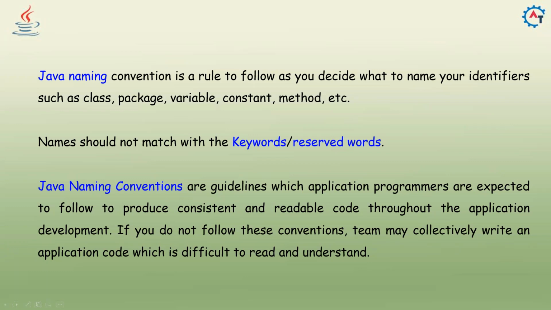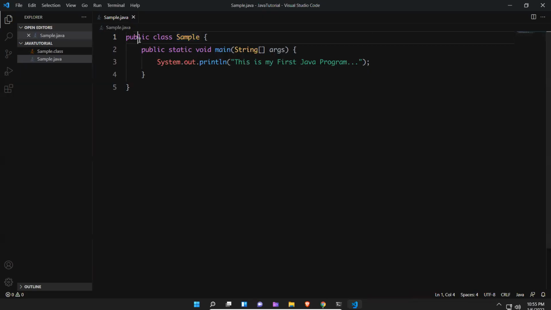If you go to the same program again, public is a reserved word in Java, so you cannot use this for your own purpose. Class is a reserved keyword, static is a reserved keyword, System is a reserved keyword, String is a reserved keyword. There are so many reserved keywords.